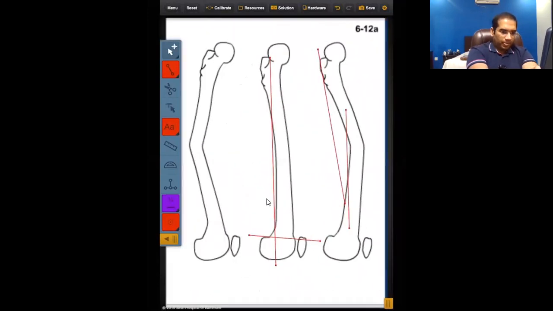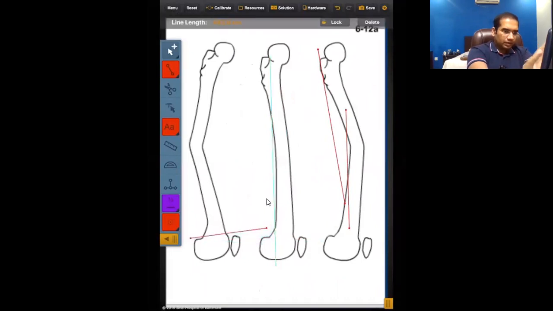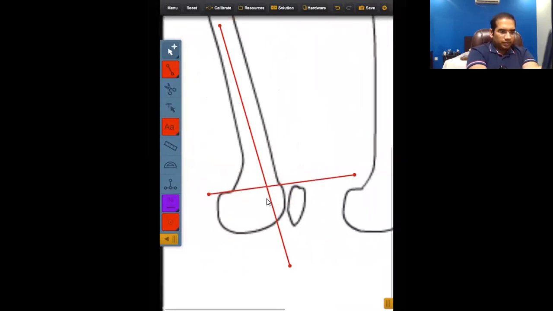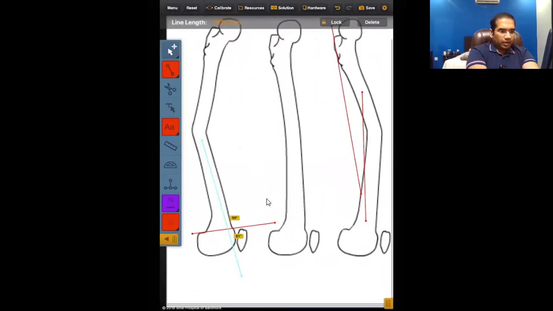So let us come to this femur now. Again, we're going to draw first the joint orientation line. Okay, more or less this is the part. Then we're going to draw a mid diaphyseal line. This is the diaphysis, so we're going to take this part as a reference. We're not going to take reference points from this part.